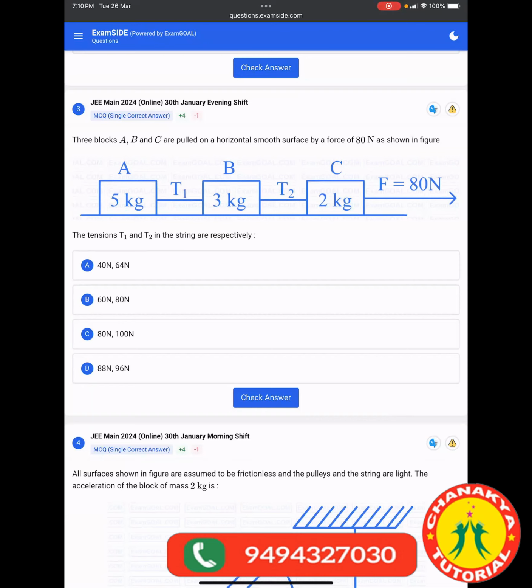Now Xavier, tell me for 3 kg. What is the supporting force for 3 kg? T2 is pulling the block forward. Who is pulling that 3 kg block from the forward direction? The 2 kg block, through T2. Then use common sense. So what is opposing? Opposing is T1. So what will be the net?